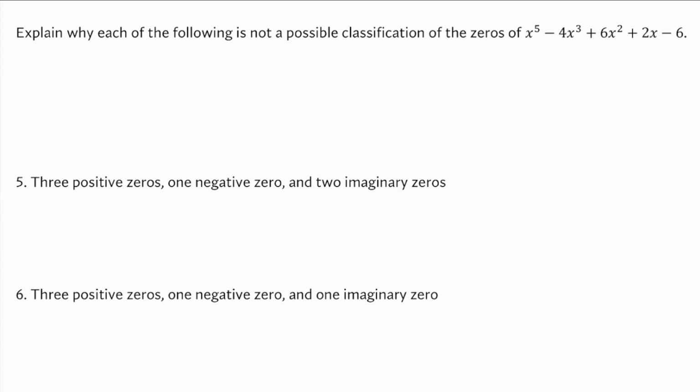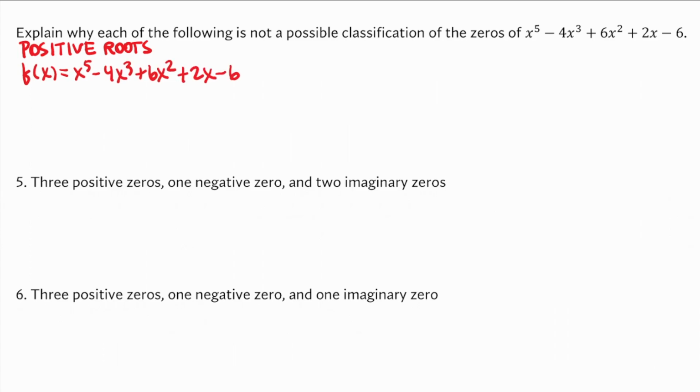So I'm going to investigate my positive roots. I'm going to investigate f of positive x, the polynomial as it came to us. So that's positive x to the 5 minus 4x to the 3, that's a sign change, plus 6x squared, that's another one, plus 2x minus 6.